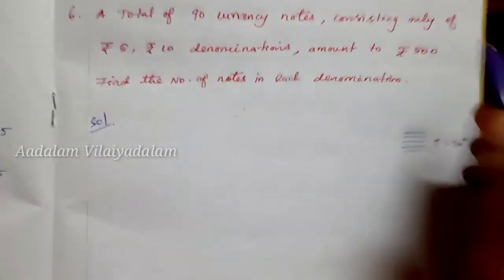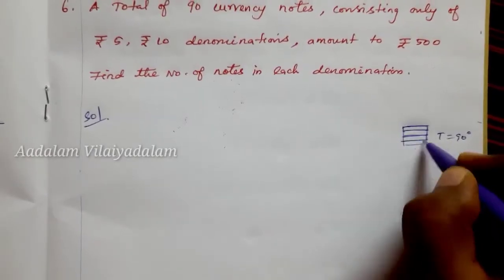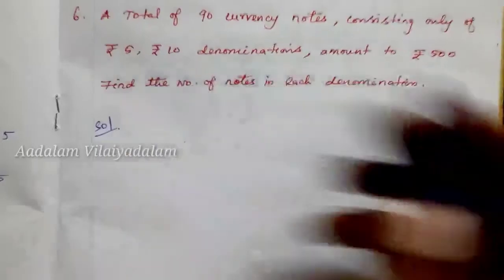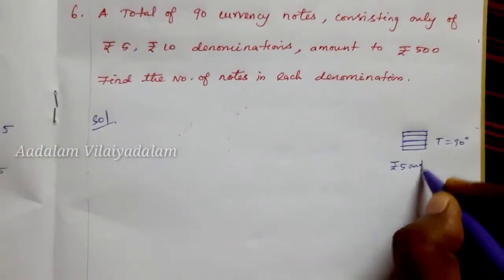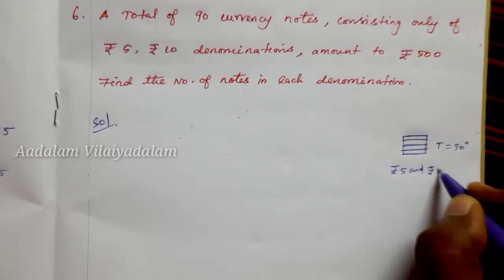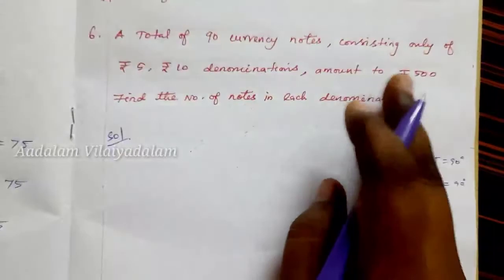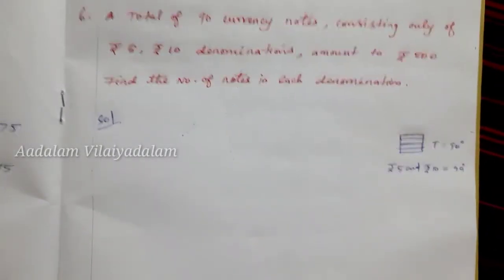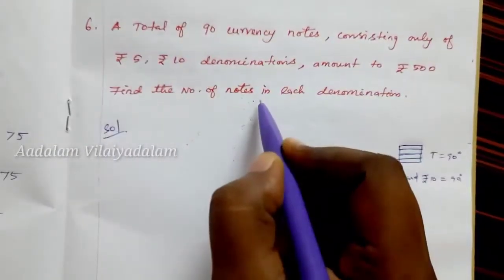Now, these currency notes consist of rupees 5 and rupees 10. So there are 90 notes. The amount is rupees 500. Now we need to find the number of notes of 5 rupees and the number of notes of 10 rupees.